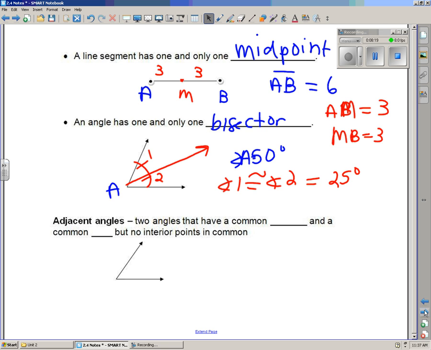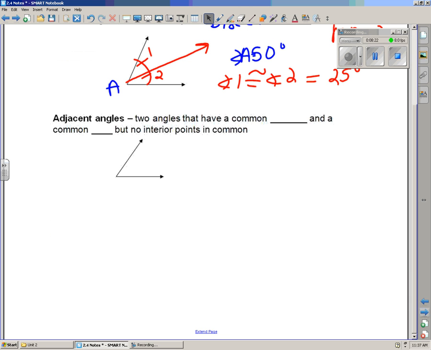Adjacent angles. These are going to be two angles that have a common vertex and a common side, but no interior points in common. So what that means is if I start out with this one angle right here, ABC, if I want to make adjacent angles, I can shoot some ray off of B, and I'll put letter D on there, and now I have adjacent angles.